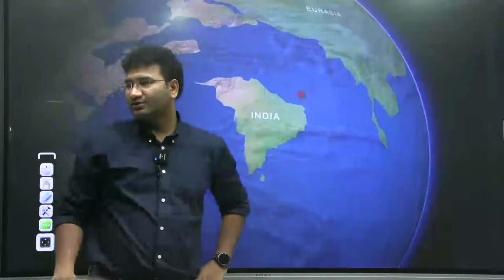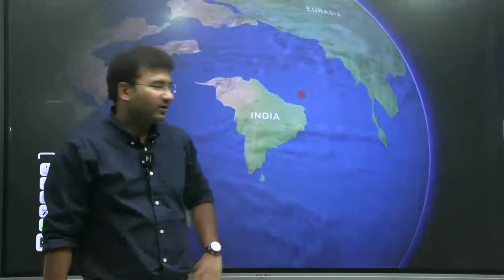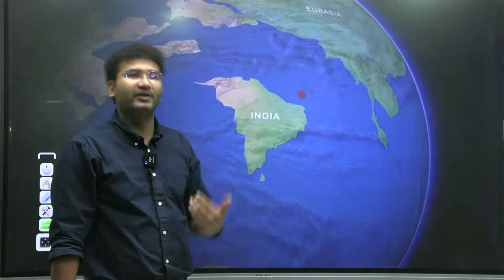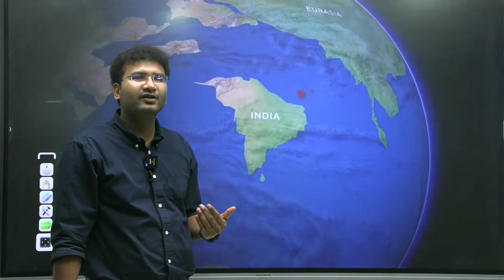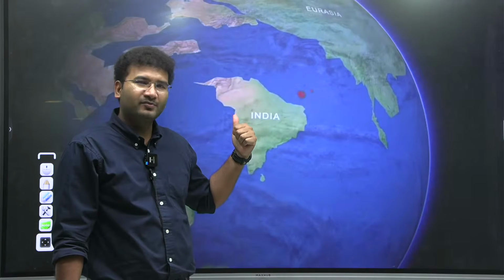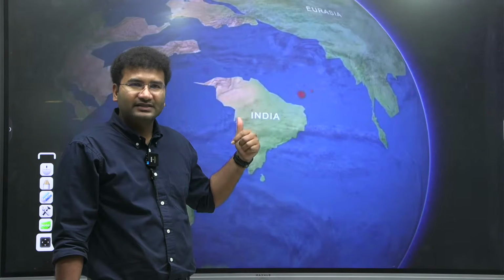The major source of the formation of these mountains or plateaus is nothing but hotspot. That hotspot in the previous time period was seen at Reunion Islands, right? I've shown you Reunion. I asked you to arrange the islands from north to south: Maldives, Reunion, next Madagascar, Seychelles, right?